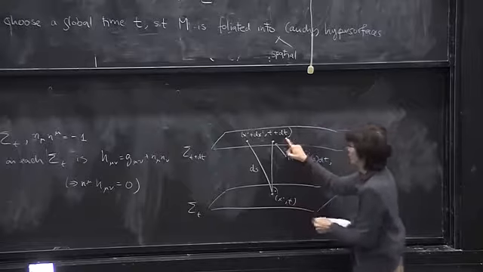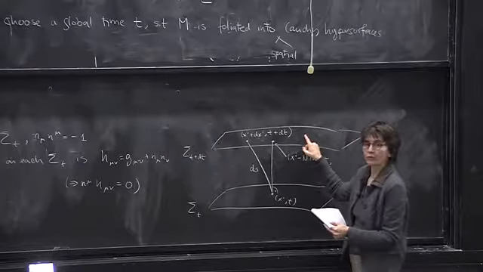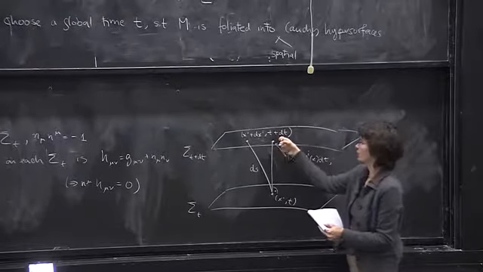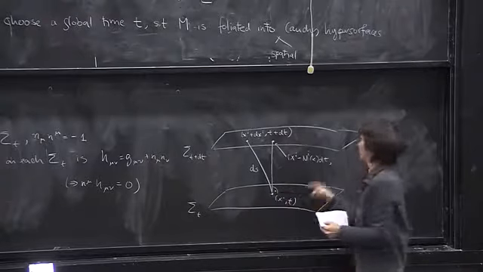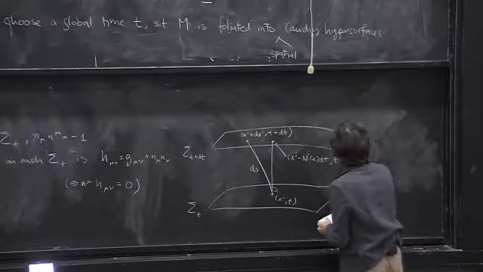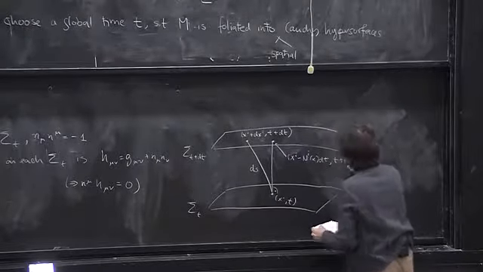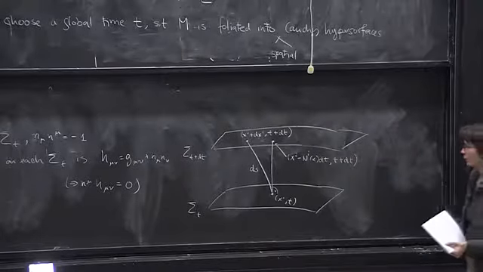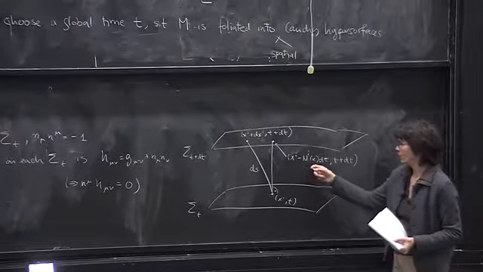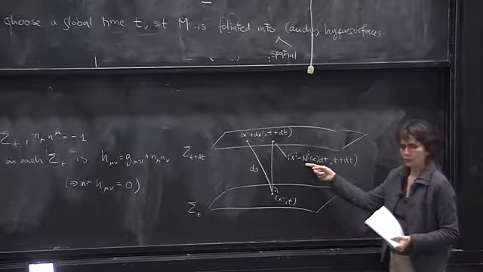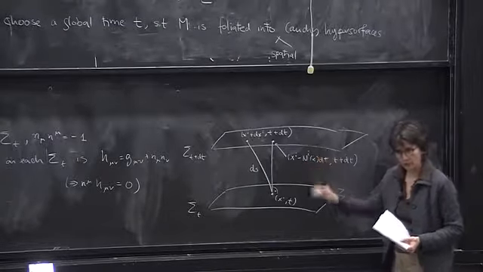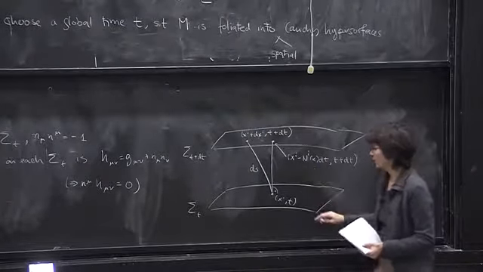And of course, the time coordinate is still the same, because I'm on the slice that is a dt away from the lower slice. So the time coordinate is still t plus dt. So this introduces what I call a certain shift, and we get to the interpretation of that in a second.